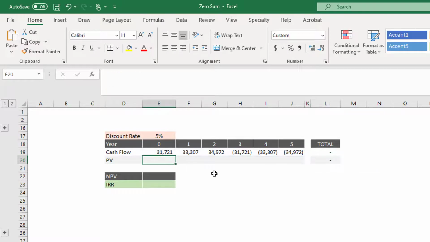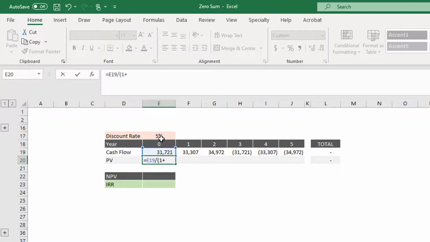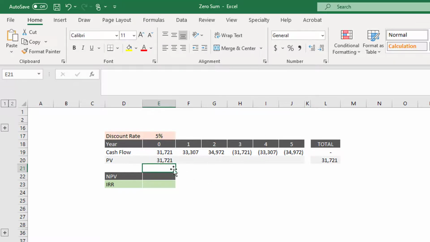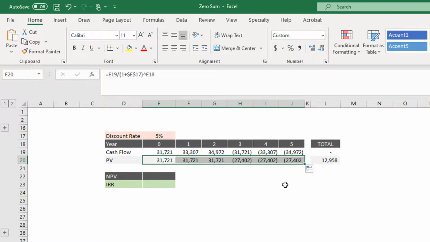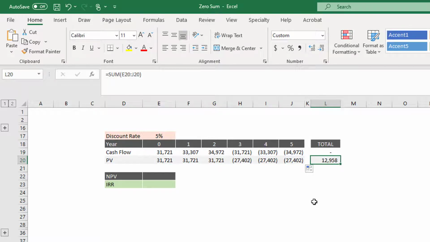Now I'm going to calculate the present value of this: 1 plus the discount rate, and to the power we will put the time, which I have put here. So I'll just drag this formula and we will see that it has a positive NPV.